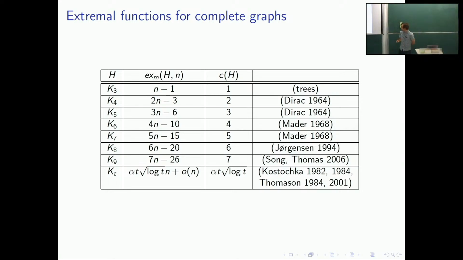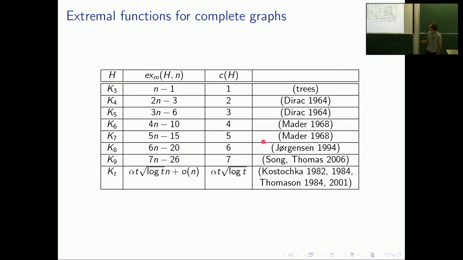We know precisely not only this extremal function, but also the precise maximum number of edges that you can have in an n-vertex graph not containing a complete graph as a minor, for all of the small complete graphs up to K9. I believe K9 is still the state of the art, although I believe some people are working on K10 at the moment.